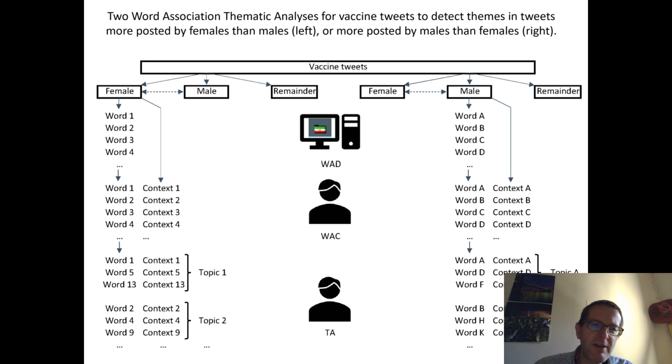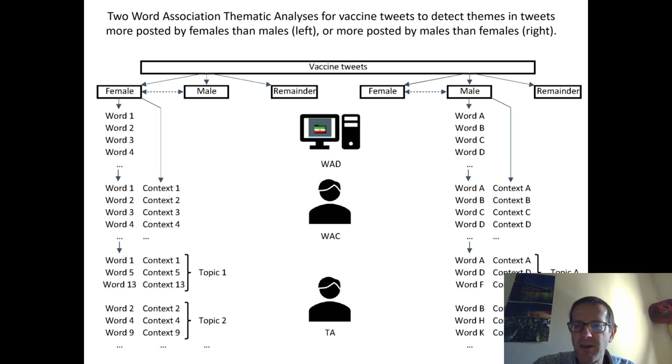You split the text into male, female and unknown or non-binary in the remainder, and you find a set of themes for females. Then you do the same for the male subset, a second word association detection, and then a second context and thematic analysis. So it's kind of double the work.